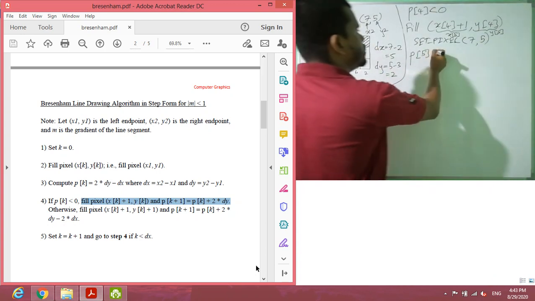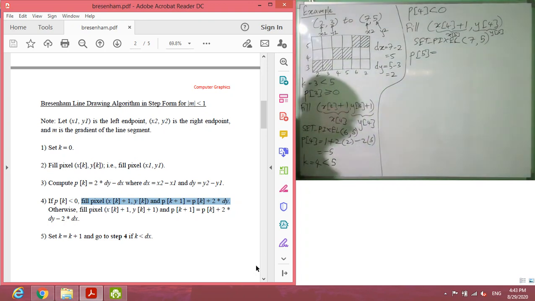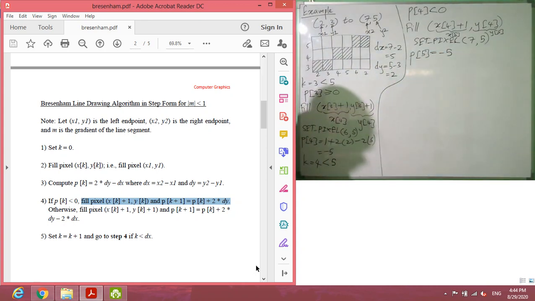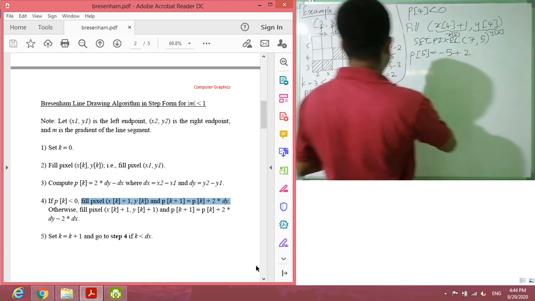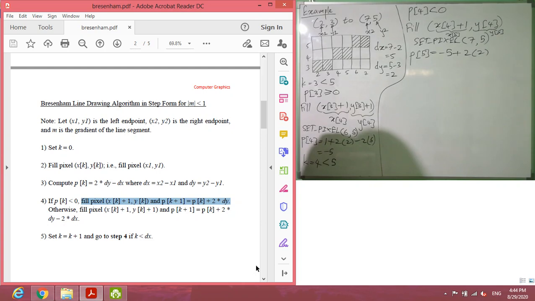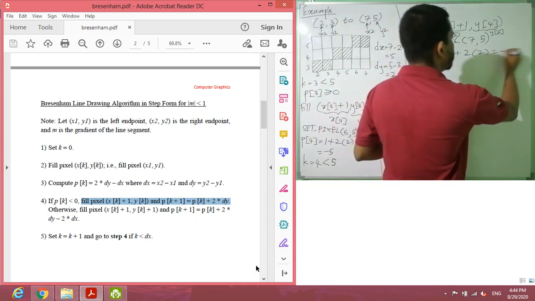P5 from the earlier value P4. Value of P4 is minus 5. Then plus 2 dy, 2 dy. Okay, that's all. This will become minus 1.